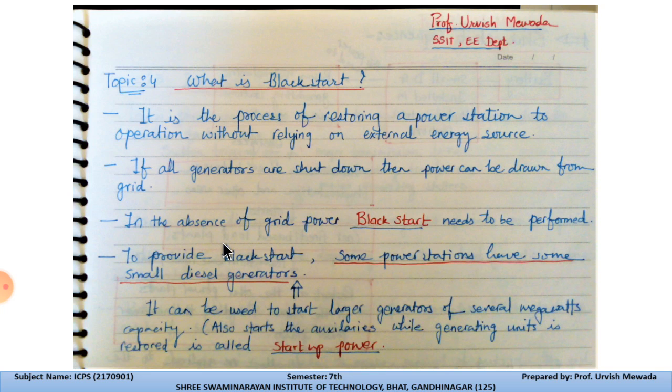Some small generating stations do not require it, because they are connected with the grid and can maintain the generation and demand ratio with the help of the grid, so they don't require such a DG set system. But large power stations require such auxiliary generators to restart, or for the black start of the unit.